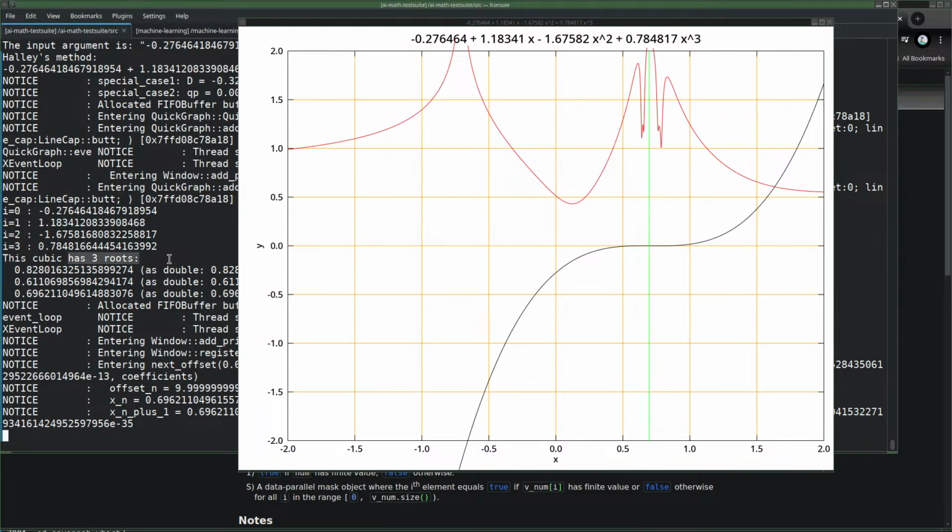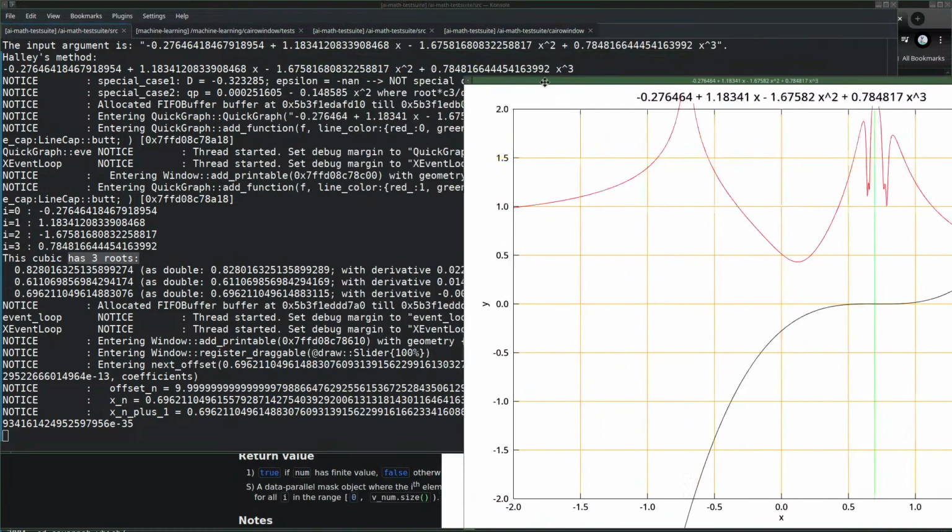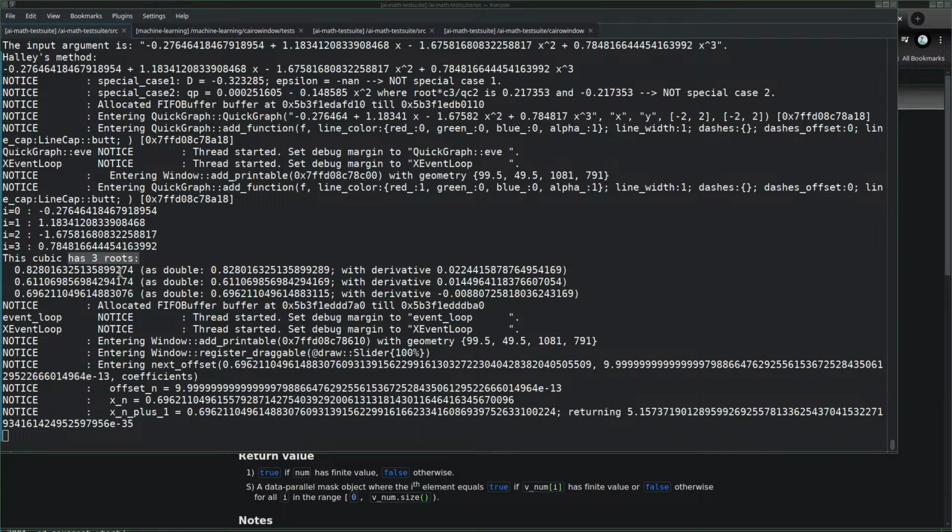Yeah, the cubic has 3 roots. Okay, so that's the difference, I think. We have this one. Suppose it's now drawing this, and it used to be that one, and the other one is over here.